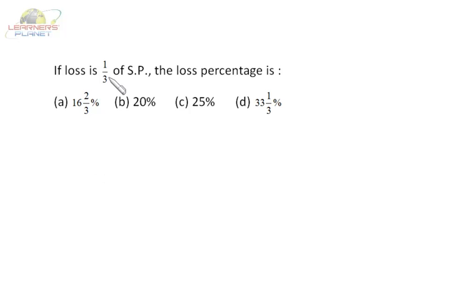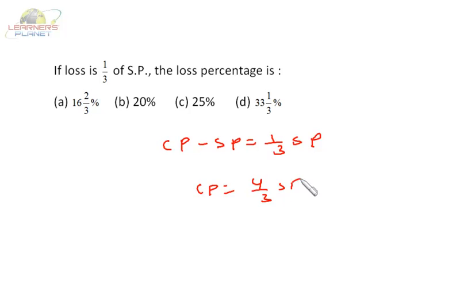Now similarly, if loss is 1/3 of SP, then we have to find out the loss percentage. Further, CP minus SP is equal to 1/3 of SP, that is the loss percentage we are given as a part of SP. So CP is equal to 4 by 3 of SP.